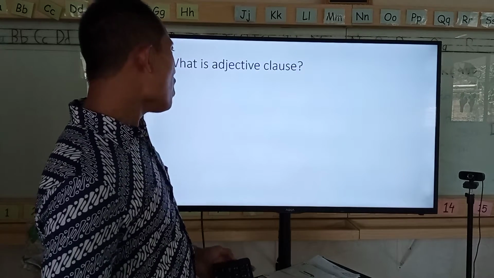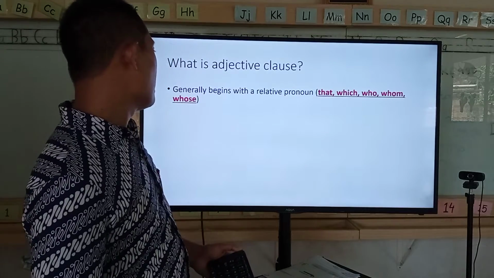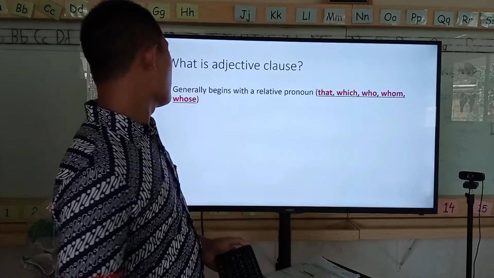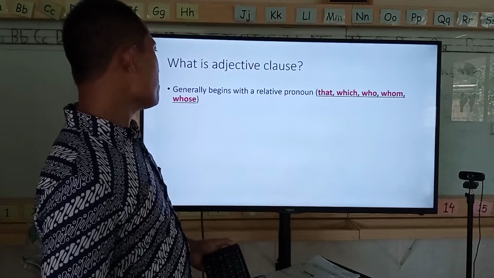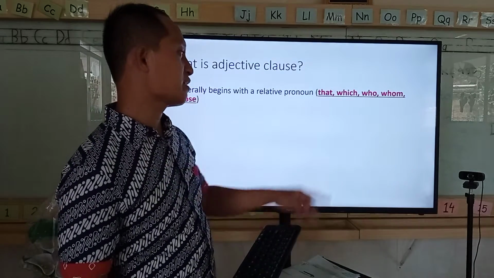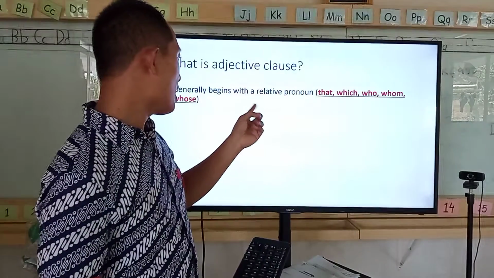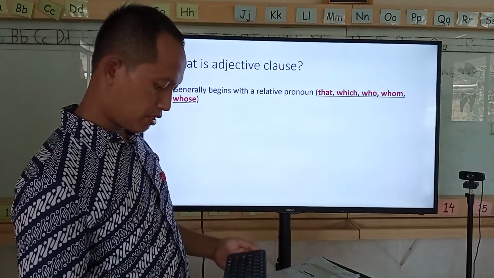Now, what is an adjective clause? Adjective clause generally begins with a relative pronoun. Okay, these are relative pronouns: who, which, whom, whose. It always begins with these relative pronouns.